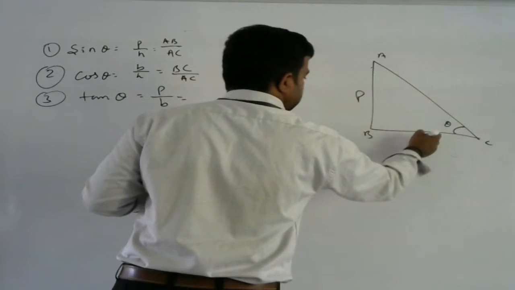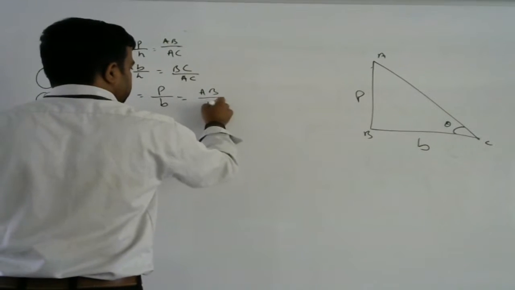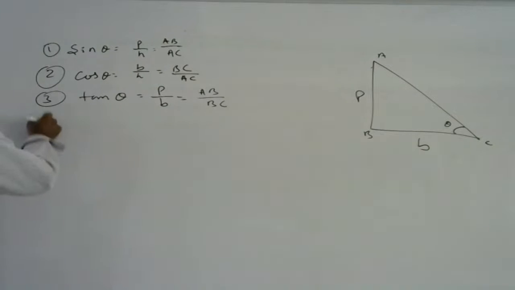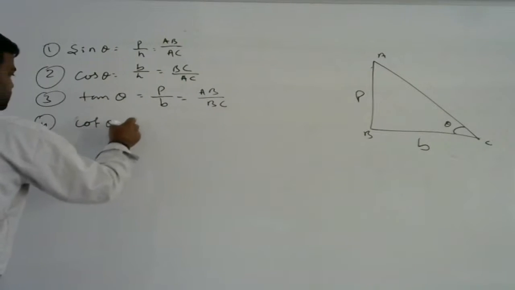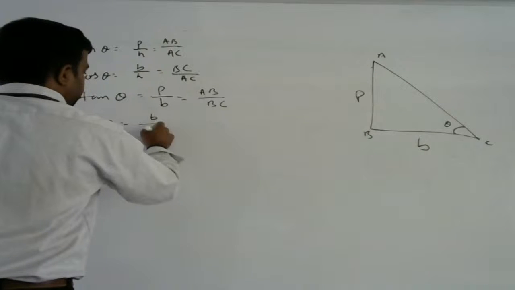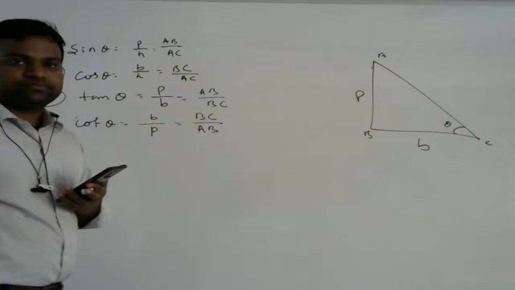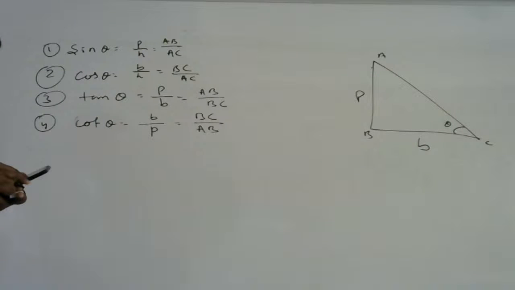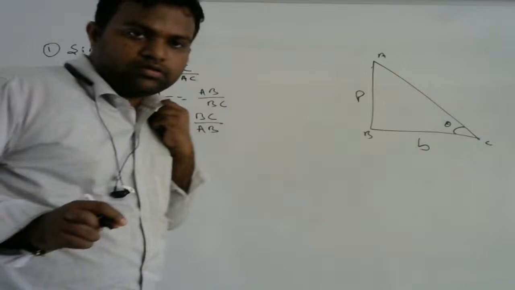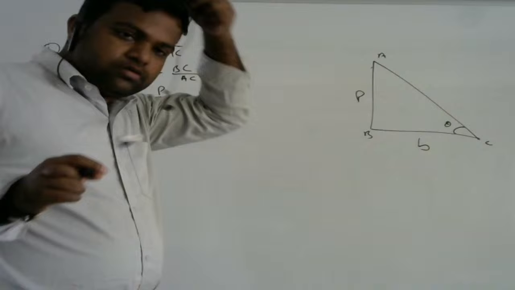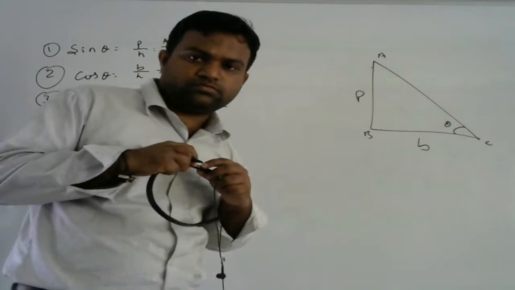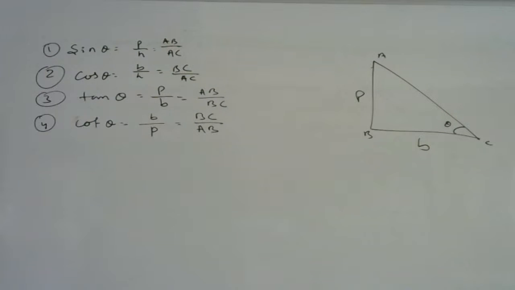So this is your p, this is your b, that is AB by BC basically. Cot theta equal to b by p. This is BC by AB.